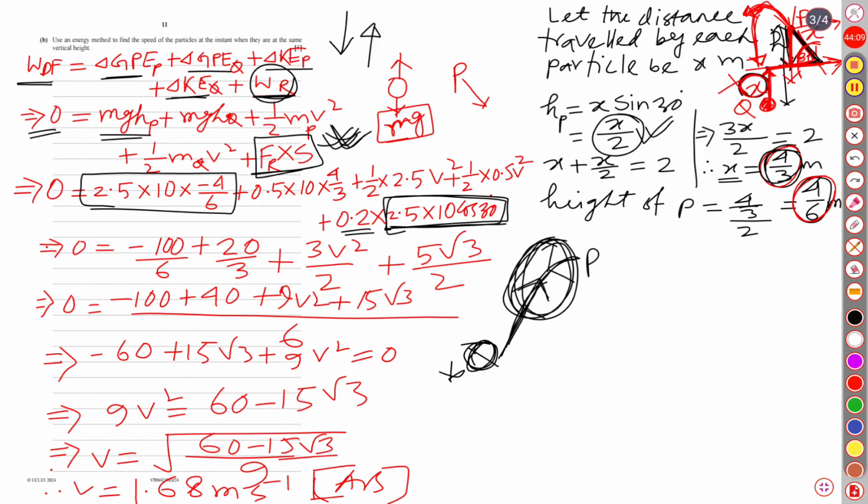I forgot to include this, so 4 over 3 will be multiplied here. If we multiply by 4 over 3, it is going to be 20. 5 fours are 20, and then 20 root 3, and 3 twos are 6.